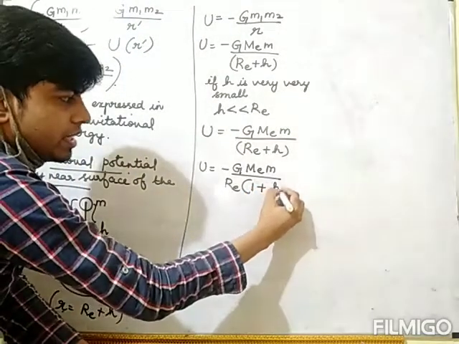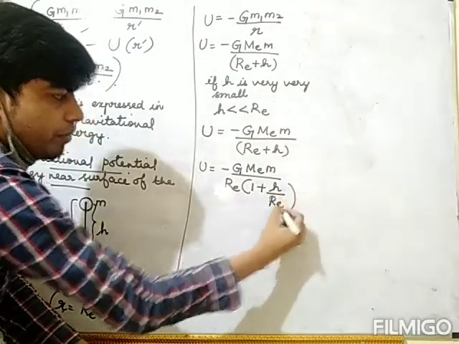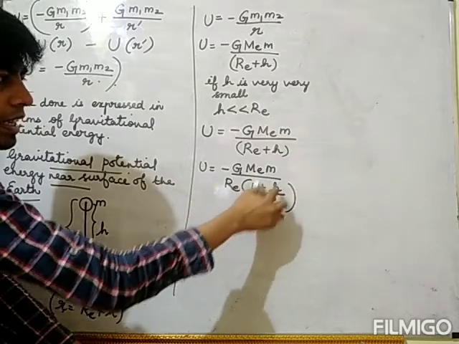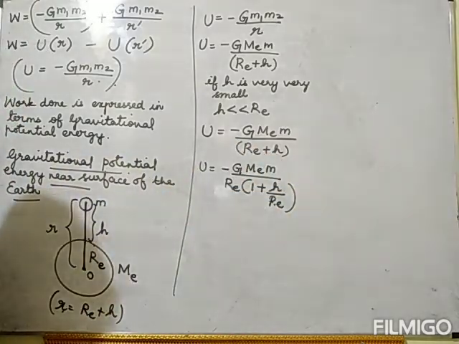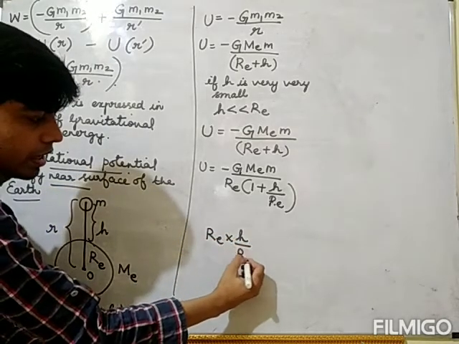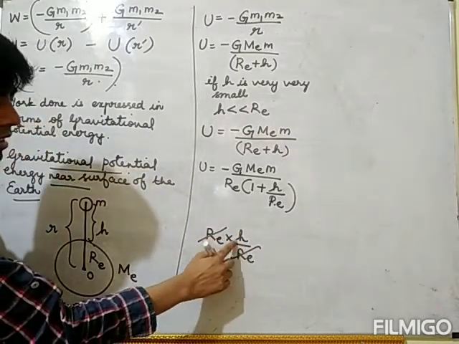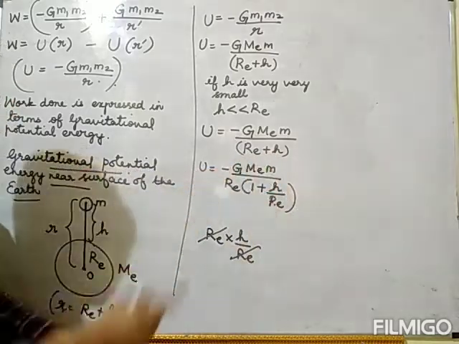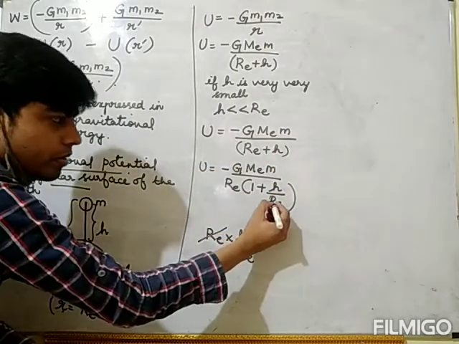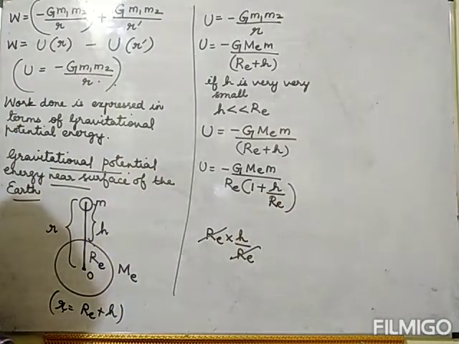Plus H divided by Re. Re into H divided by Re will get cancelled and I will get H. So this H I am writing as H by Re when I take Re commonly outside.